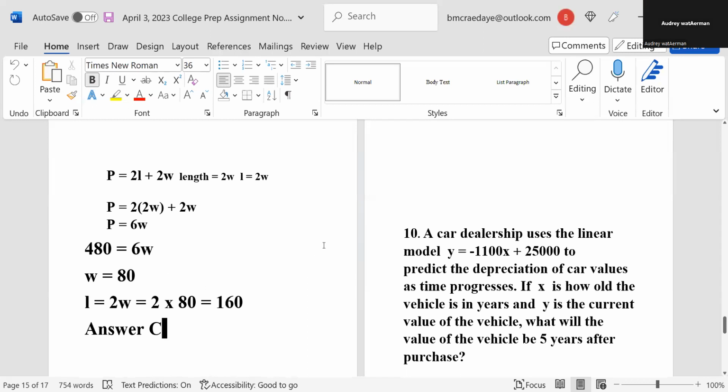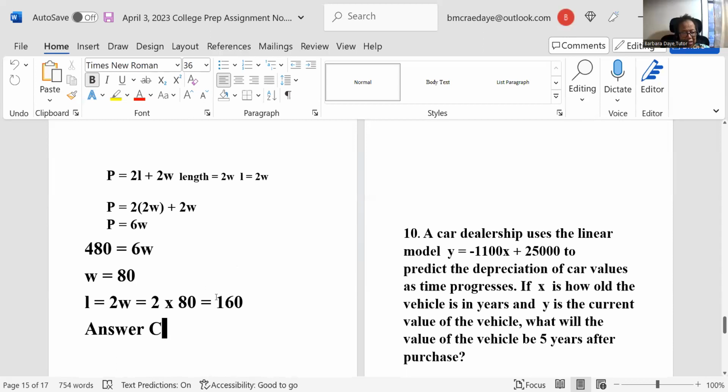Yeah, that's just one side, but perimeter is the sum of two sides of length plus two sides of width.